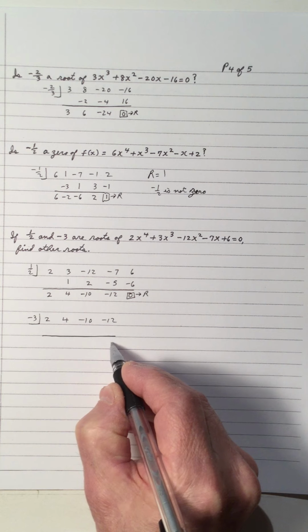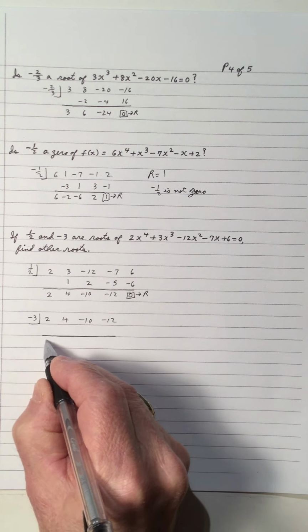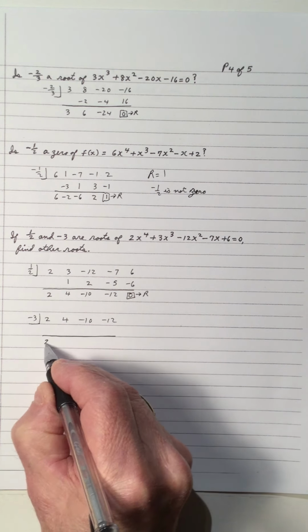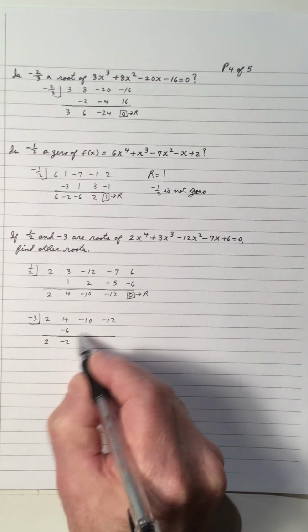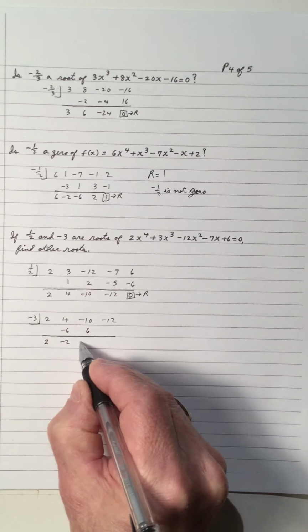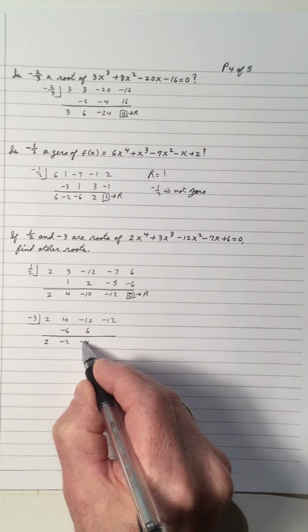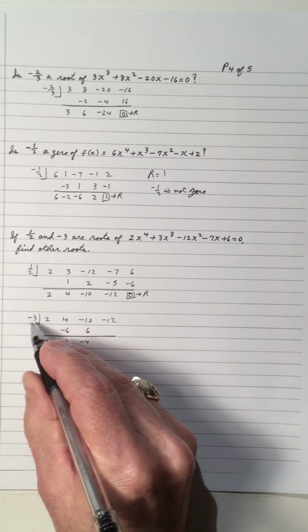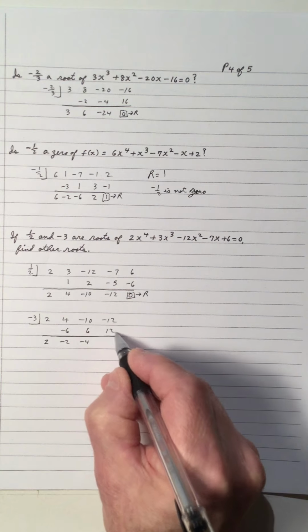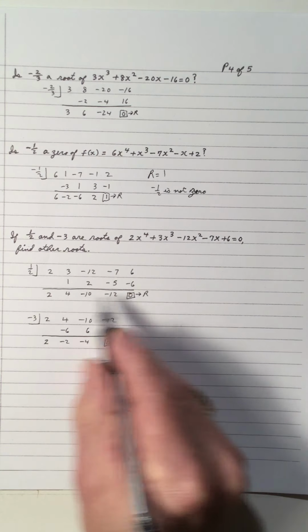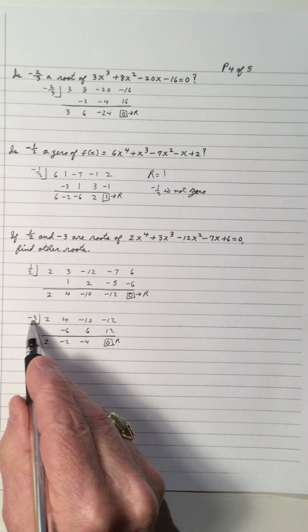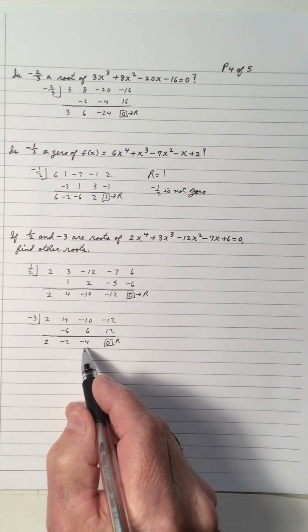I'm going to get a 0 remainder, hopefully, if I do it right. Bring down the 2, multiply, -6, add, -2. Multiply, I get 6, -4. Add, multiply, -3 times -4 is 12. Add, I get a 0. Okay, so half is a root, -3 is a root, but I got a depressed equation.